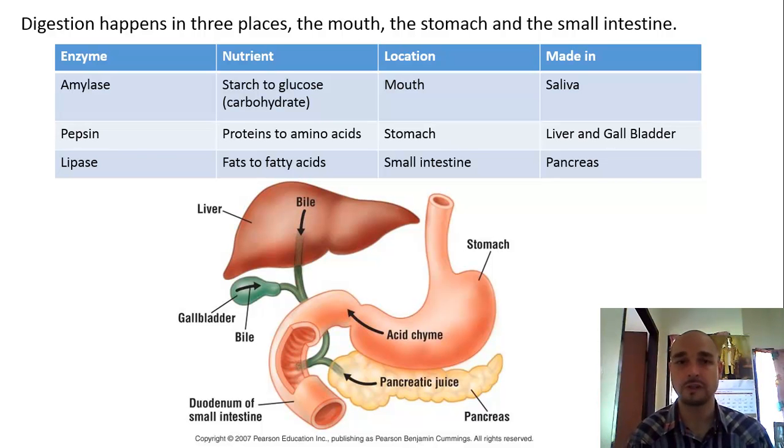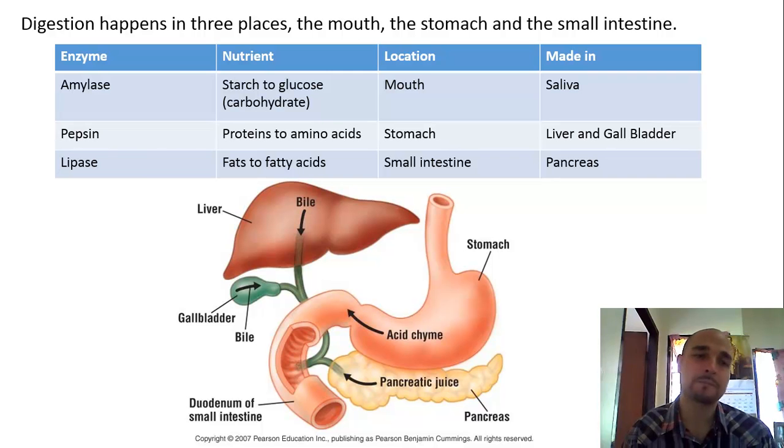That chart is helpful. There are 3 different enzymes involved in digestion: amylase, pepsin, and lipase. Amylase breaks starch to glucose, so it breaks down carbohydrate. It happens in the mouth, and amylase is made in saliva.